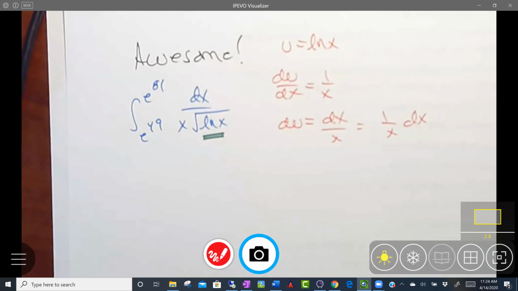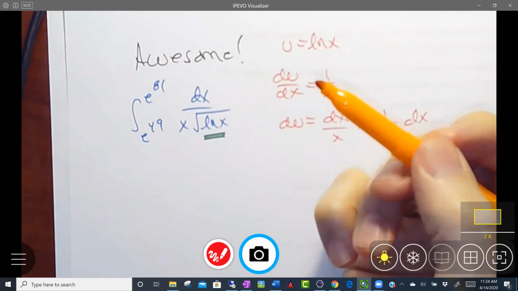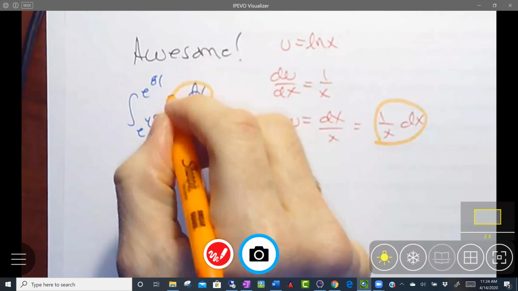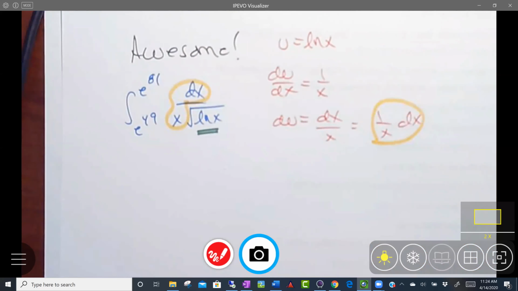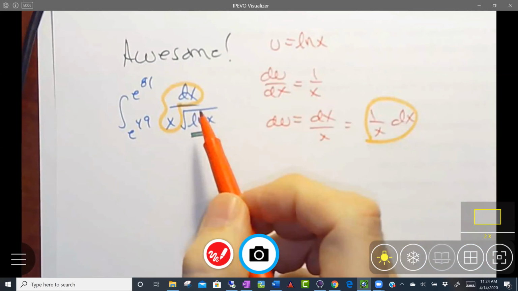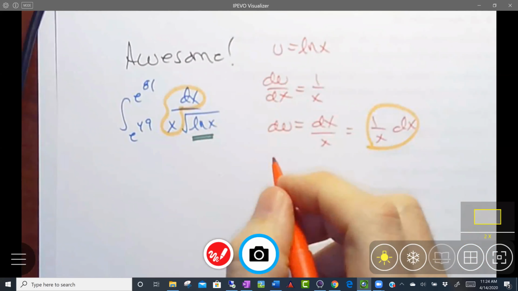You guys have been missing this orange pen, I can tell. All right, so that is right there. With that, I'll have 1 over the square root of u, and then I have to change my limits of integration.